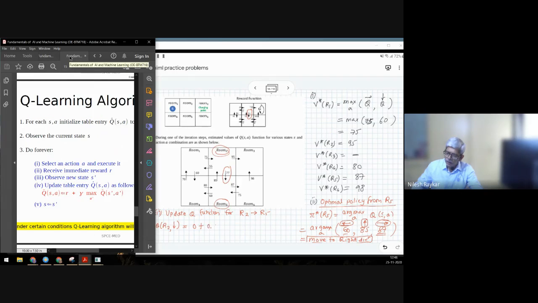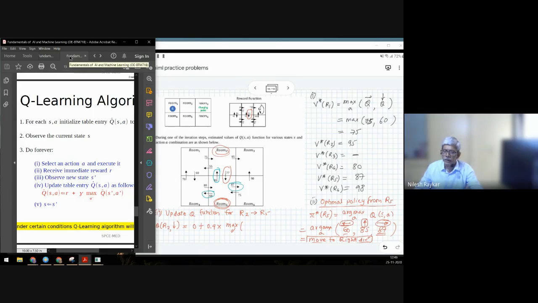So it will be 0.9 multiplied by the max value amongst all the possible actions from the new state. From the new state, that is from room number 5, you can take 3 actions: you can go up, you can go left, and you can go right.